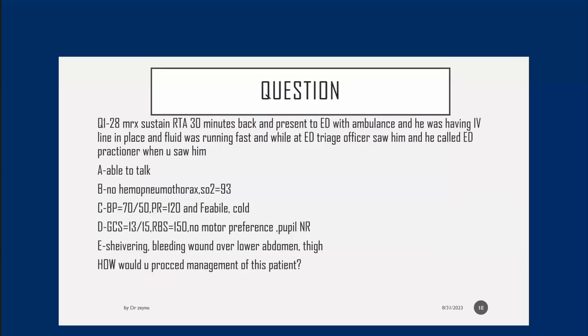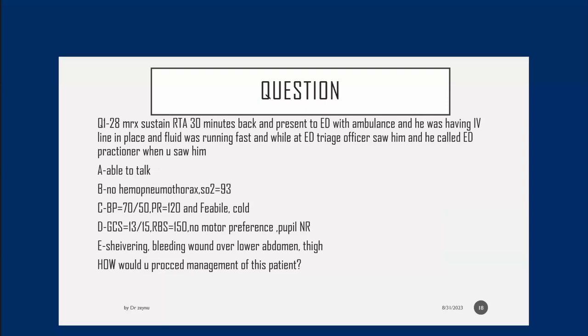So let's ask one question. A 28-year-old Mr. X sustains an RTA 30 minutes back and presents to the ED by ambulance, with an IV line in place and fluid running fast. At ED triage, the officer saw him and called the ED practitioner. When you saw him, there was no issue with A and B. On circulation, he had hypotension of 70/50, pulse rate 120, and was cold.